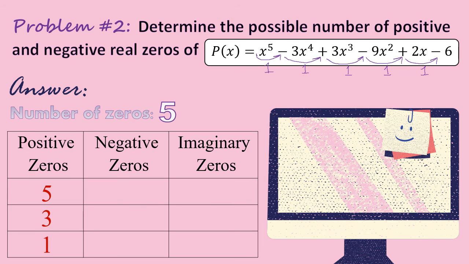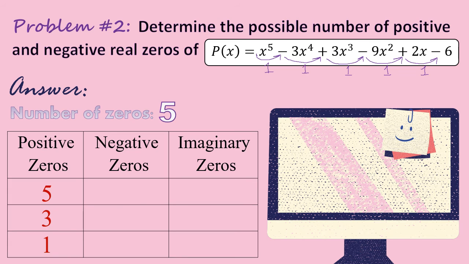Next, of course, for negative zeros, to find the number of negative zeros, we'll just do P of negative x. But instead of doing that, we can use our common sense here. As you can see, the maximum number of positive zeros is 5.